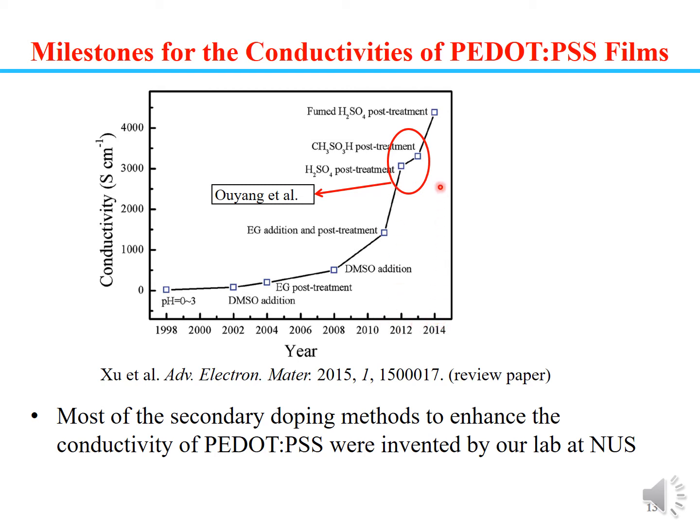In 2014, a lab in South Korea observed a conductivity of about 4,400 Siemens per centimeter by treating PEDOT:PSS with fuming sulfuric acid. We are happy to say most of the secondary doping methods to enhance the conductivity of PEDOT:PSS were invented by our lab at the National University of Singapore.